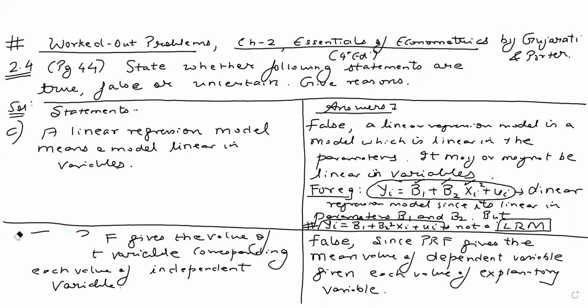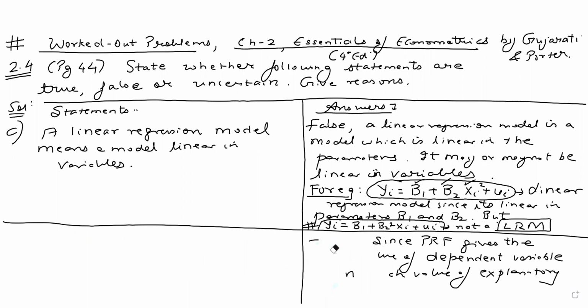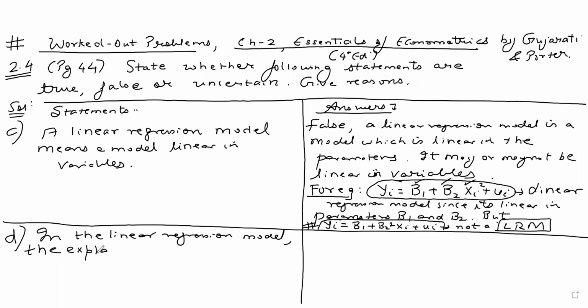Okay, let's look at statement D. Erasing this part off, let's look at statement D. So statement D is as follows: in the linear regression model, the explanatory variable is the cause and the dependent variable is the effect.